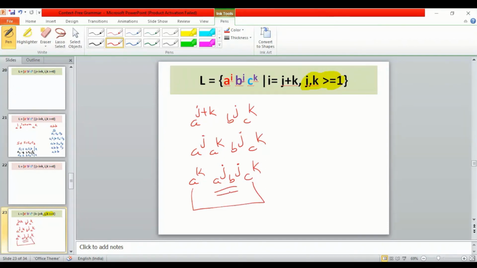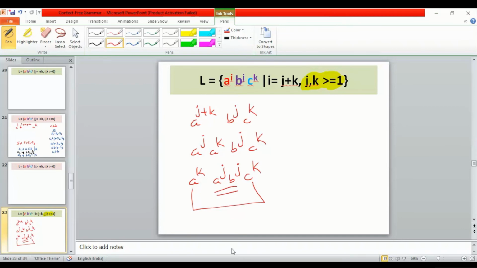A and C are together, and once you generate A and C equal number of times, you have to generate B and C equal number of times inside A and C. So once you recursively generate A and C, then you have to go to next level, and then you have to generate equal number of times A and B. Then it will be sufficient.